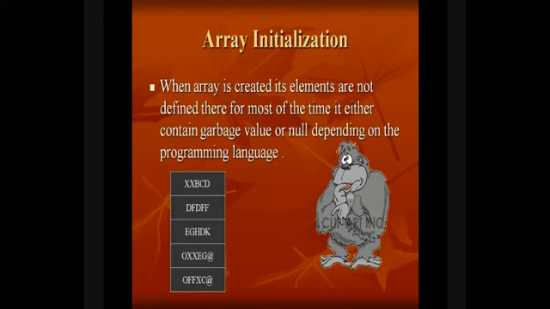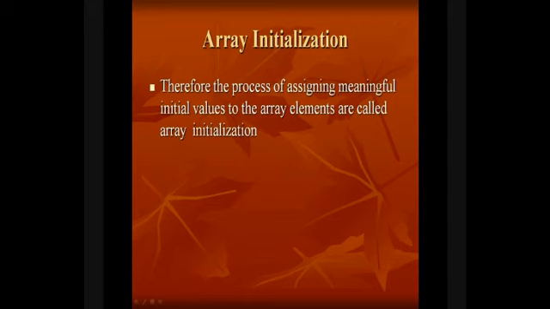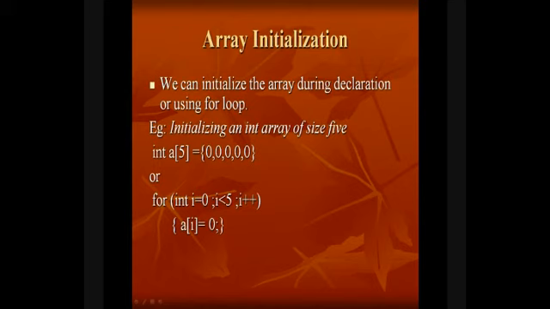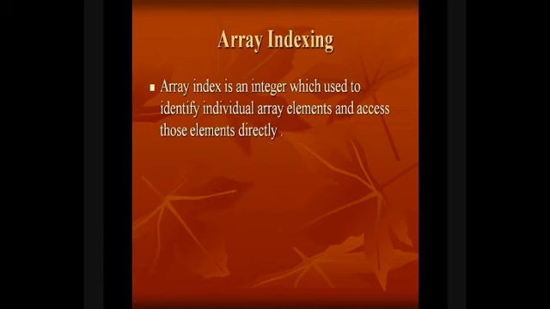The method to deal with this is array initialization. Therefore, the process of assigning meaningful initial values to the array elements is called array initialization. We can initialize the array during declaration, or using a for loop. Syntax for doing that in modern programming languages is shown in the slide.